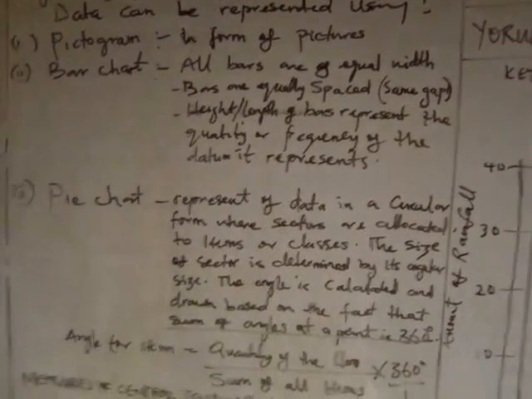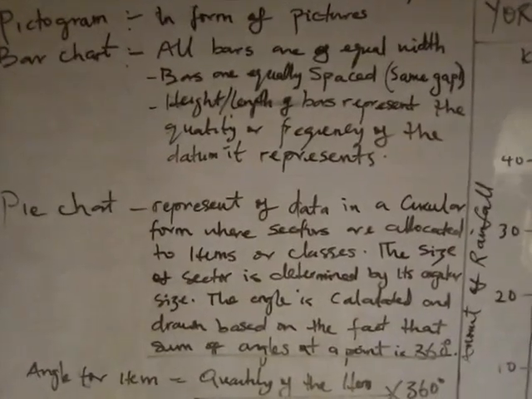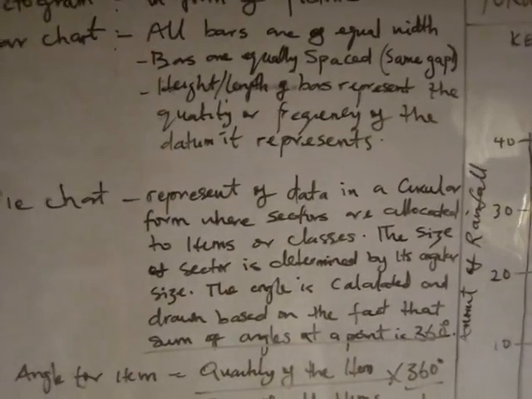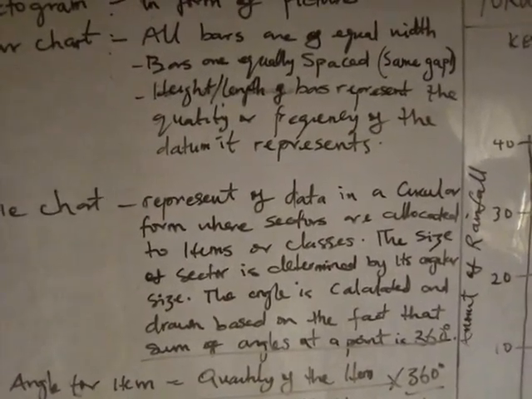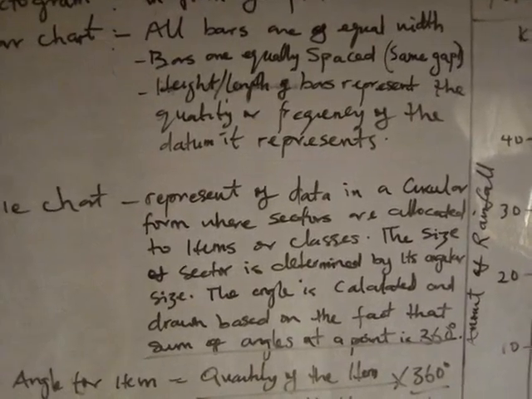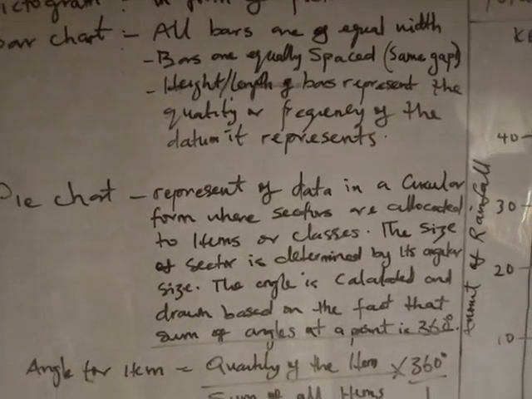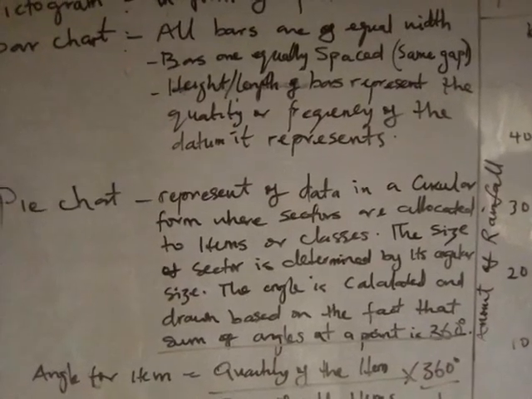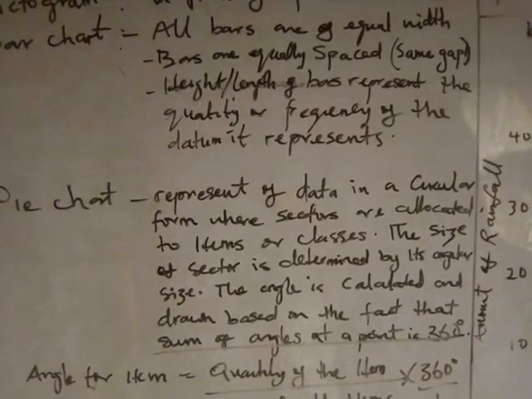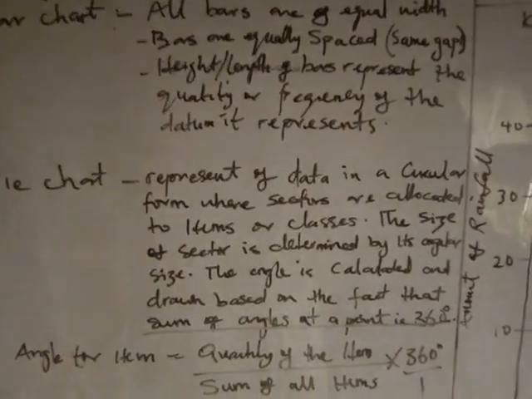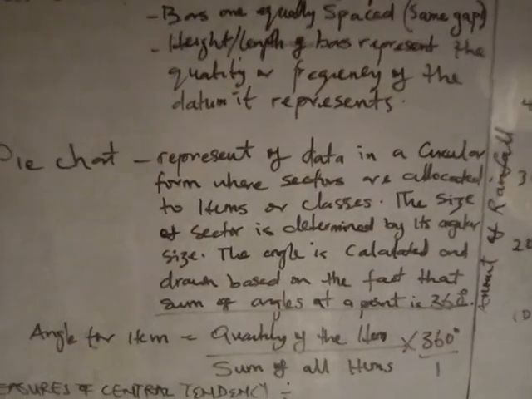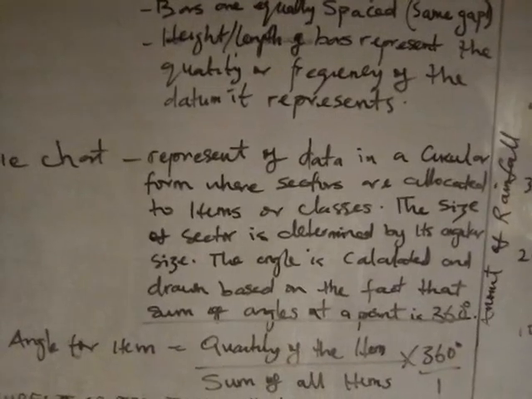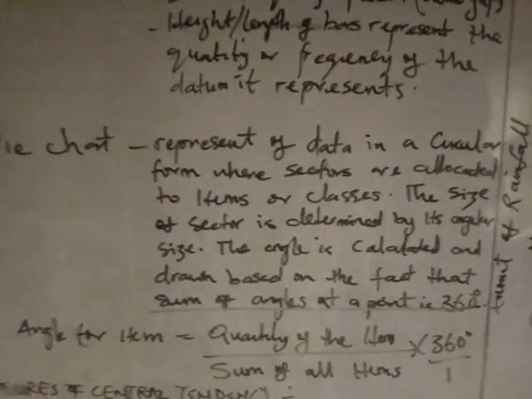A pie chart represents data in a circular form where sectors are allocated to items or classes. The size of a sector is determined by its angular size. The angle is calculated and drawn based on the fact that the sum of the angles at a point is 360. You know that when you have a circle, the total angle you can find in a circular space is what? 360 degrees.